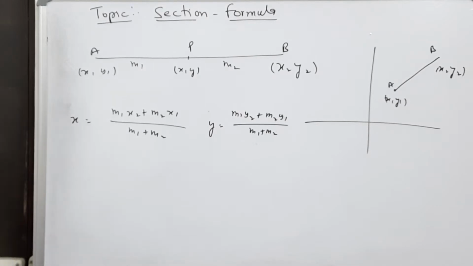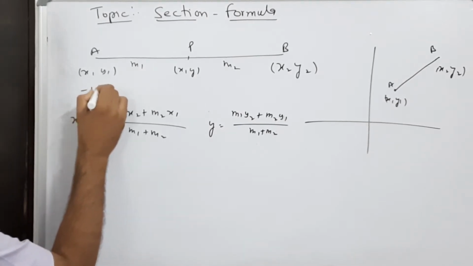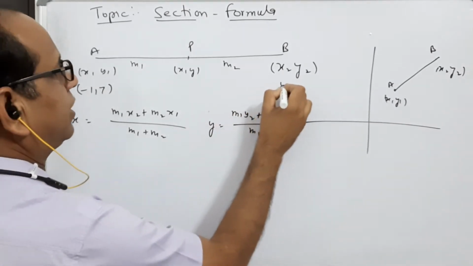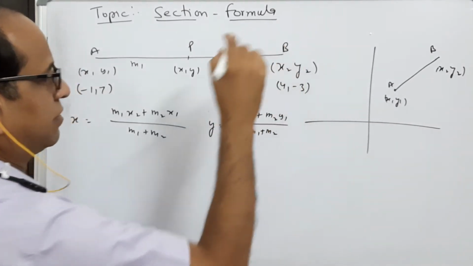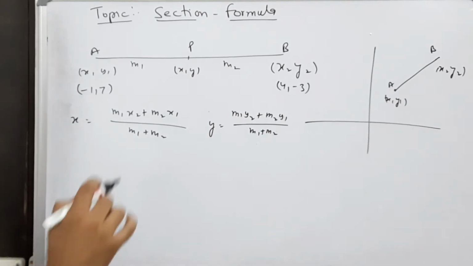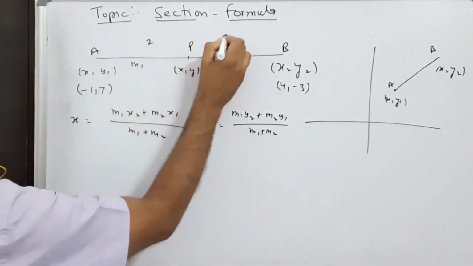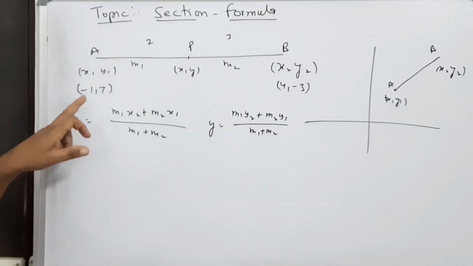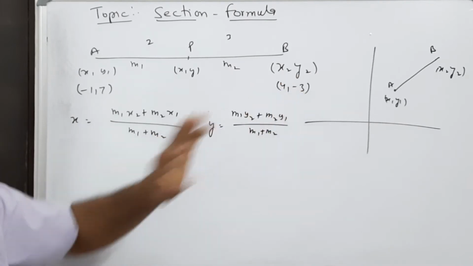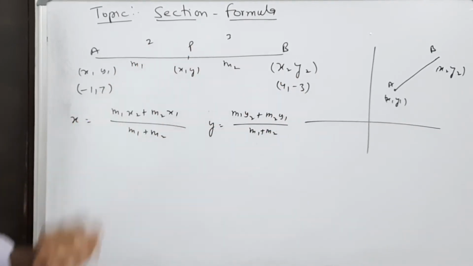Suppose these points are (-1, 7) and the second point is (4, -3). Suppose these are the 2 points and the ratio is 2 is to 3. We see the points are (-1, 7) and (4, -3) and the ratio is 2 is to 3.